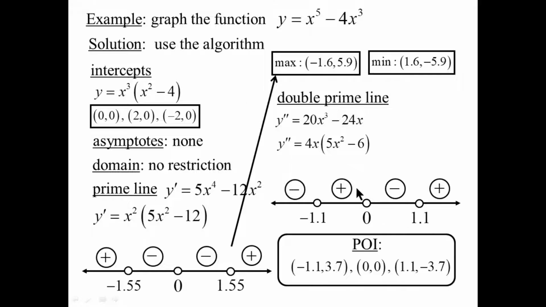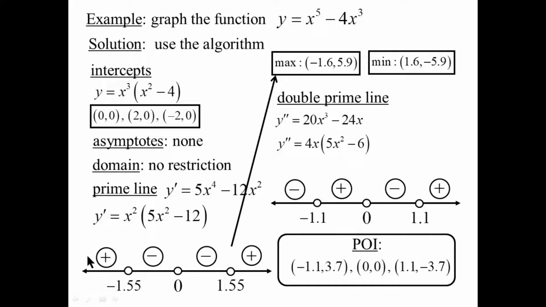Now notice, there's a lot of work shown here, and there may be even more work not shown. And if a student is attempting to graph a function like this and does all this work, it can be a little bit overwhelming. That's why I put the results of the work in boxes. So when I go to graph, I just look at the contents of the boxes.